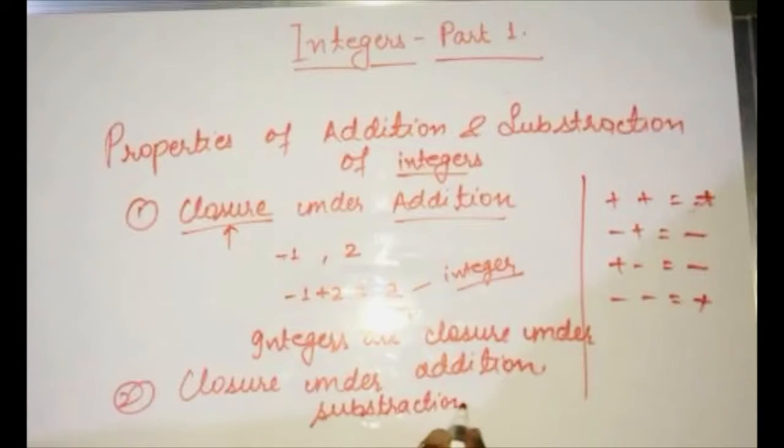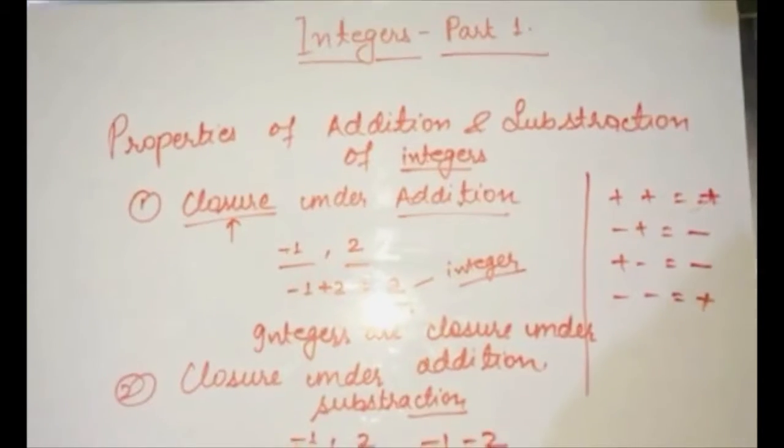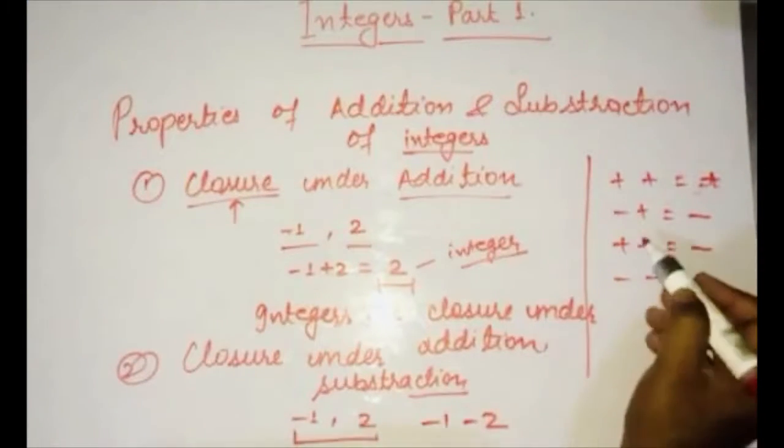So similarly, the same definition. It means when you subtract two integers and the result is also an integer, it means integers are closed under subtraction. So suppose I'll take the same example. The -1 is one integer, 2 is another integer. I have to subtract these two integers. It means -1 minus 2. So what will I get? -1 minus 2, minus minus means plus.